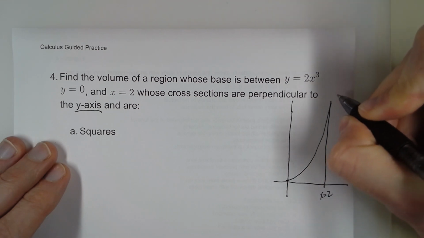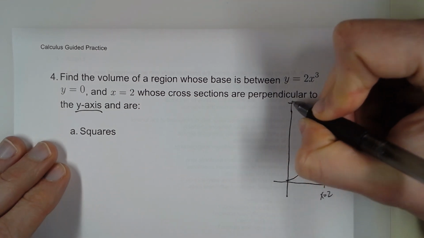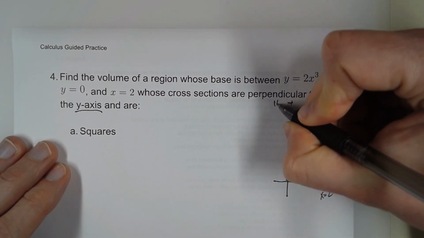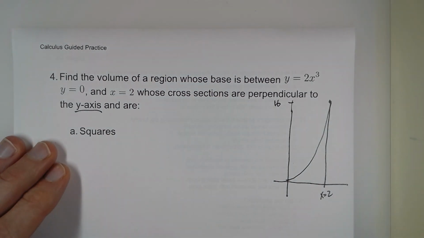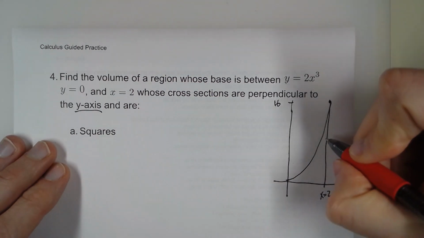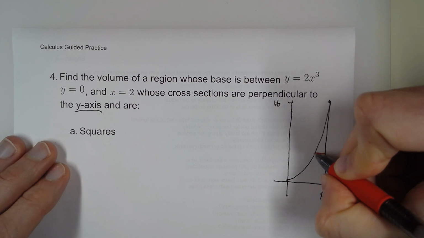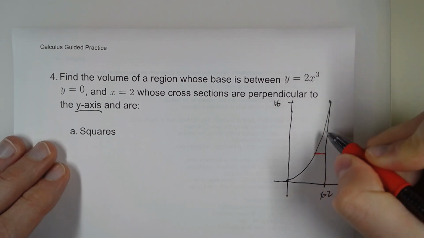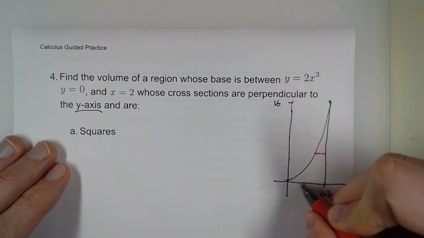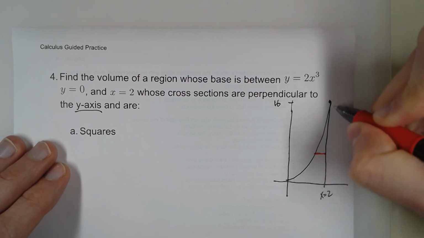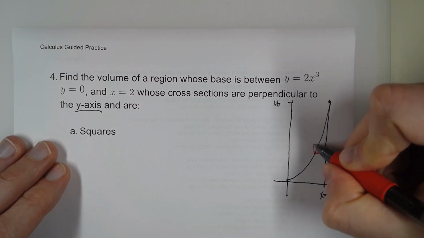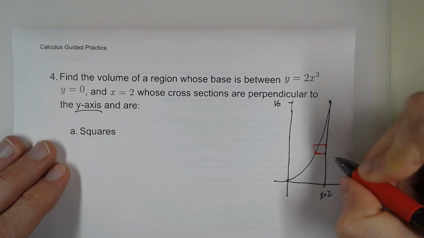This is y equals 2x cubed. And so this is going up to 16. The slices are right here, because we have 2x cubed, we have y equals 0, and we have x equals 2. This is our region. And so this is our slice.